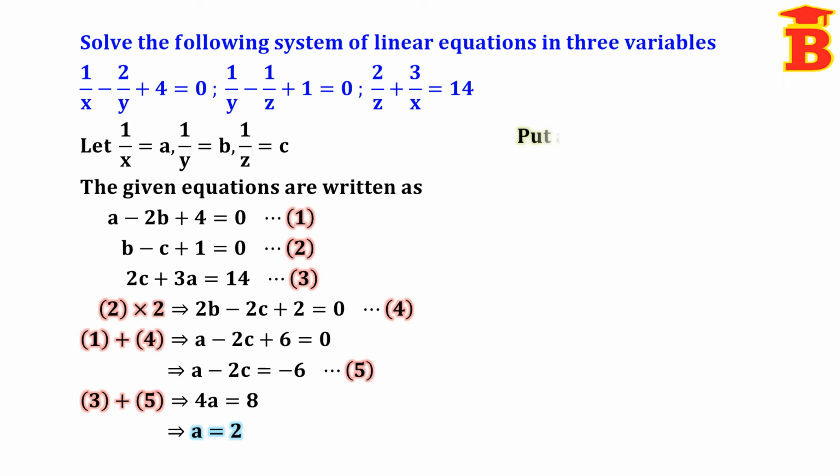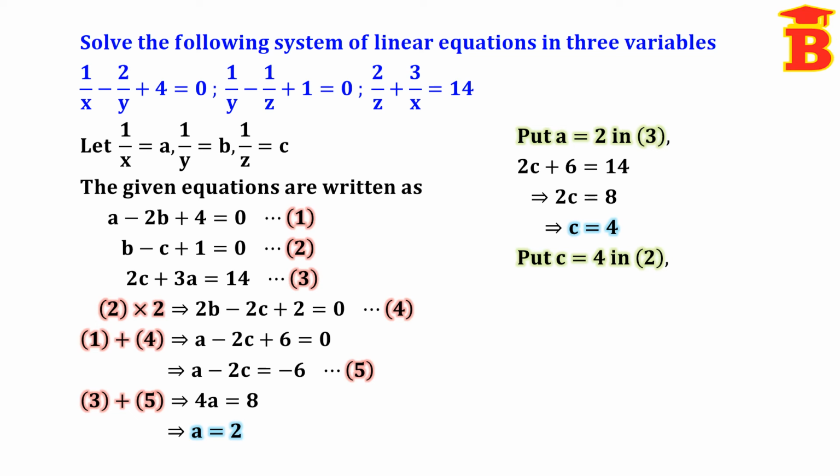So a value is 2. Put a equal to 2 in third equation. That is 2c plus 3 into 2, 6, equal to 14. This plus 6 take right side minus 6. 14 minus 6, 8. So 2c equal to 8. Therefore c equal to 8 divided by 2, that is 4.